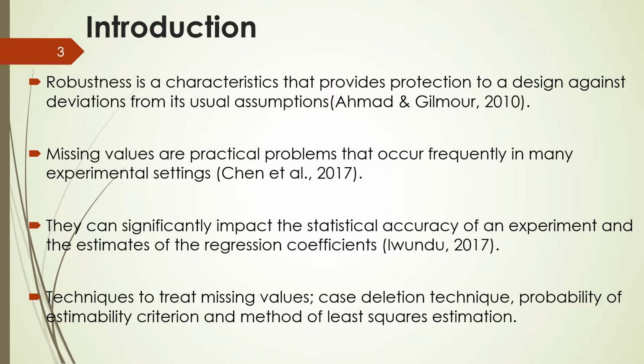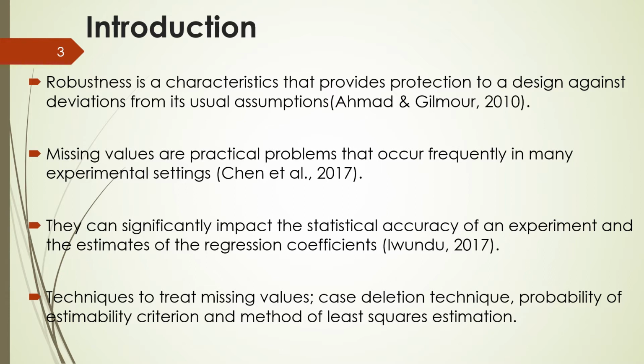Missing values are practical problems that occur in many experimental settings, and they can hardly be avoided even in a well-planned experiment. Missing values can significantly impact the statistical accuracy of an experiment as well as the estimates of the regression coefficients, thereby rendering even a well-planned experiment unsuccessful.